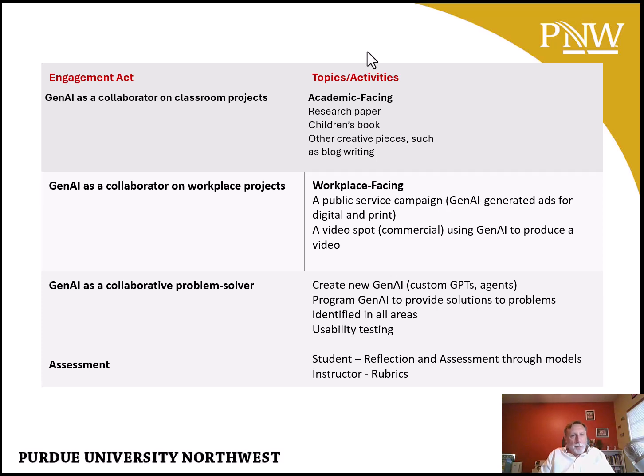Here they're working with not just text generators, but image generators and video. And then I'll also talk a bit about how you can use generative AI to program it to create new generative AI for your purposes. I have talked about student self-assessment throughout, and I'll also share with you instructor assessment in this segment, sharing with you a rubric for grading one of the assignments.